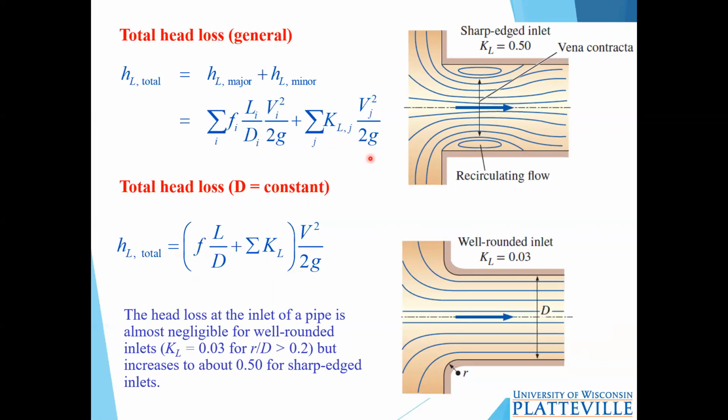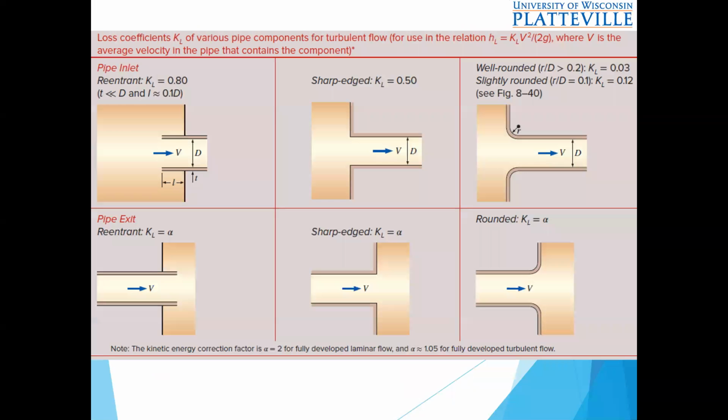All right, let's look at some more examples of KL values. Get familiar with the textbook tables for KL value. Here you can see that based on the pipe inlet, we have different KL values. Sometimes, if it's rounded, it depends on the radius to diameter ratio of the pipe, or sometimes KL is alpha and it depends on what type of flow we have.